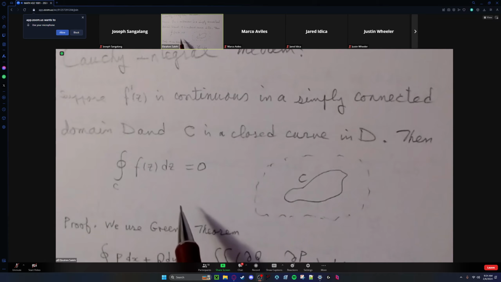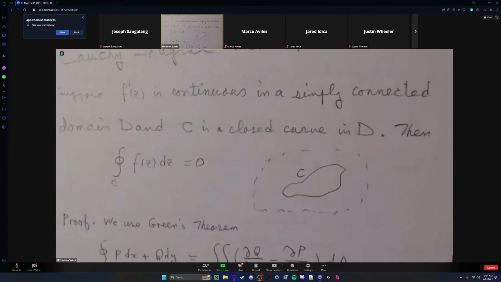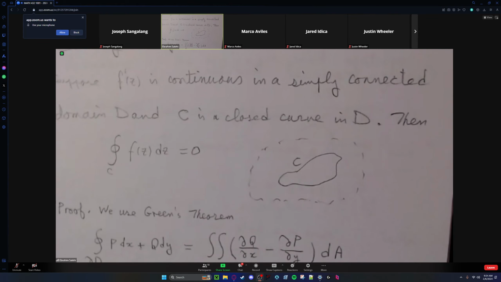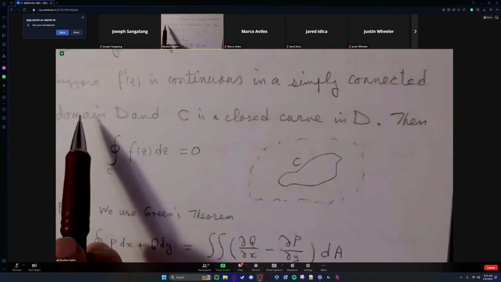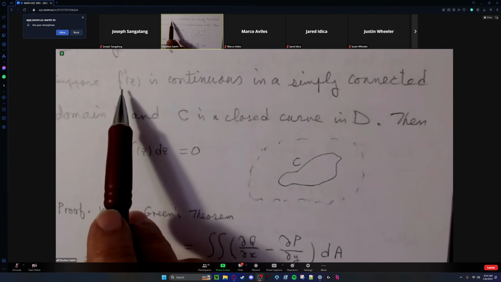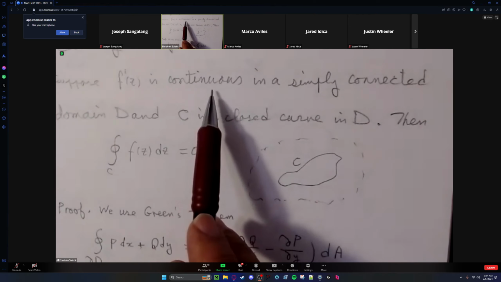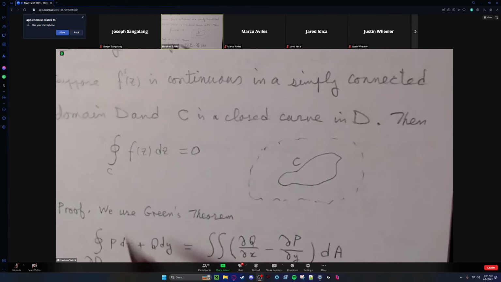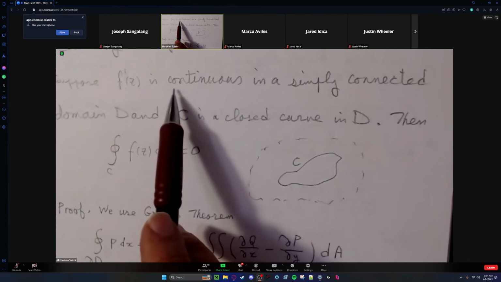The proof of this uses Green's theorem, but later we are going to relax this condition.